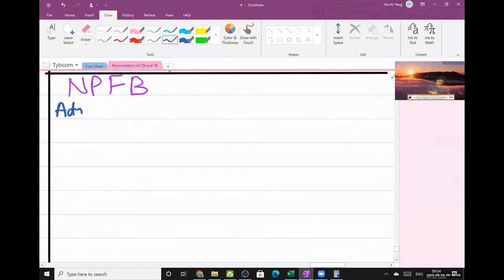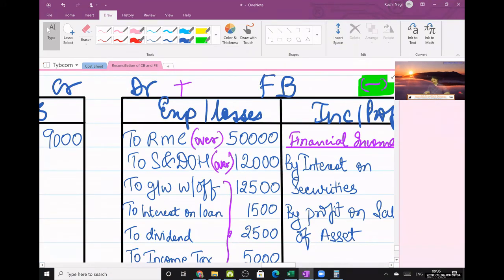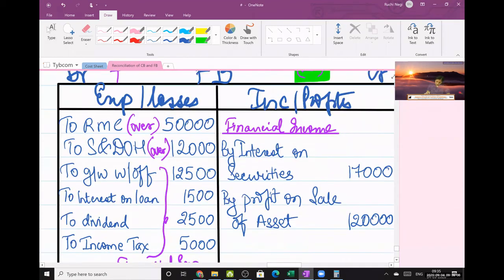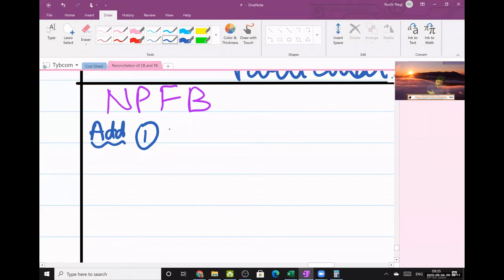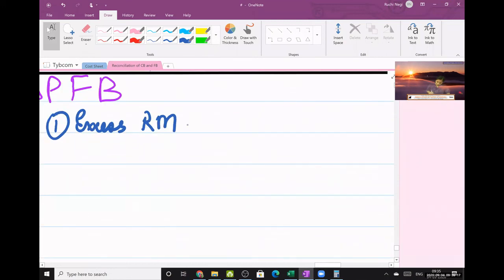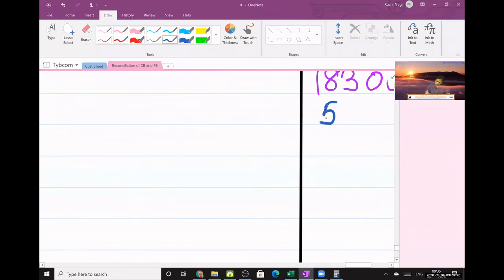Add first. Oh my God, there are many items in that. Okay. First, excess raw material in finance books. So write down excess raw material recorded in finance books. And how much? 50,000.